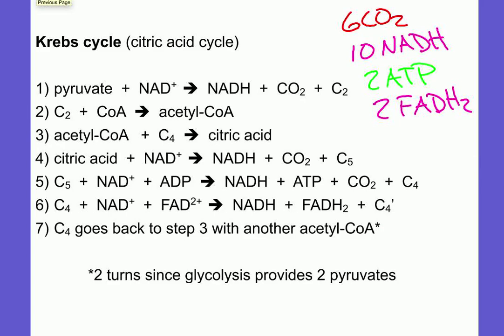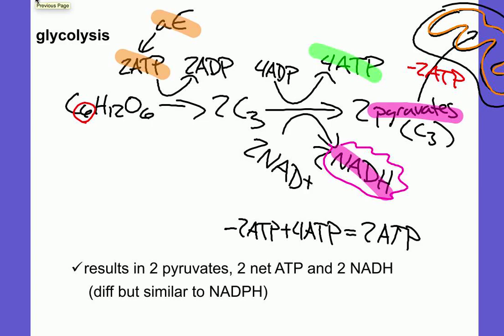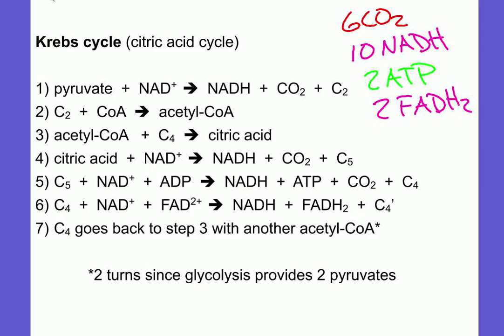Whereas a prokaryote, they're lucky. They don't have to spend ATP moving something into something else that doesn't exist, right? So they actually get 2 more ATP than we do. They get the 38 total because you'd have the 2 net ATP down here plus 2 plus 34 to get 38 total. But they do it way, way slower than we do.